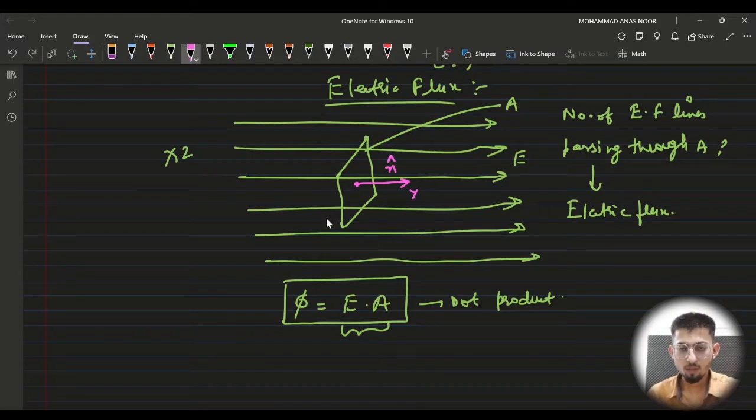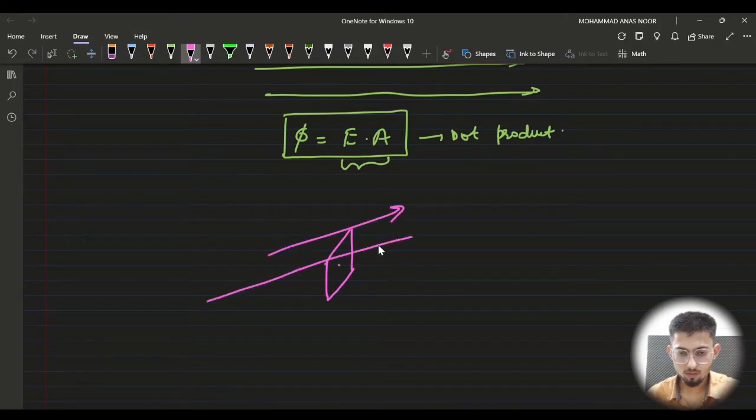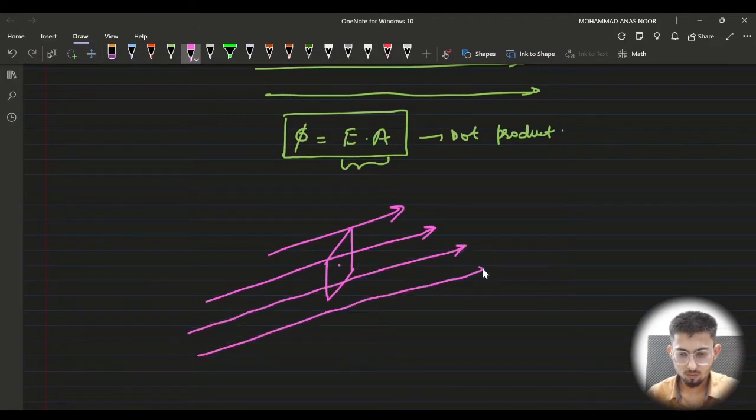In this way you can easily find it, but what if the area is like this, and the electric field is like this?